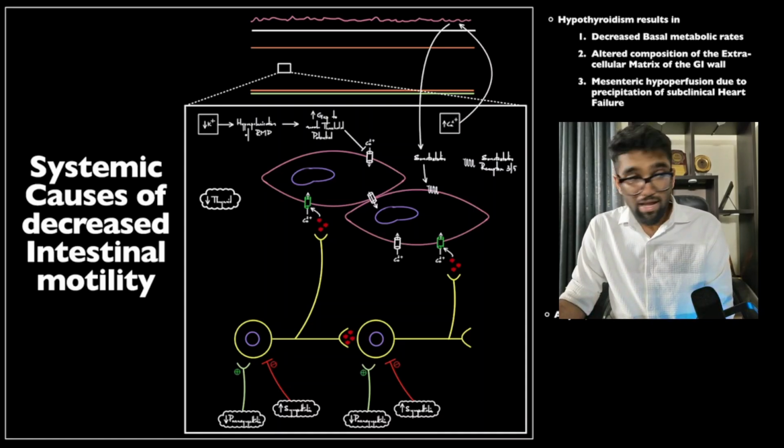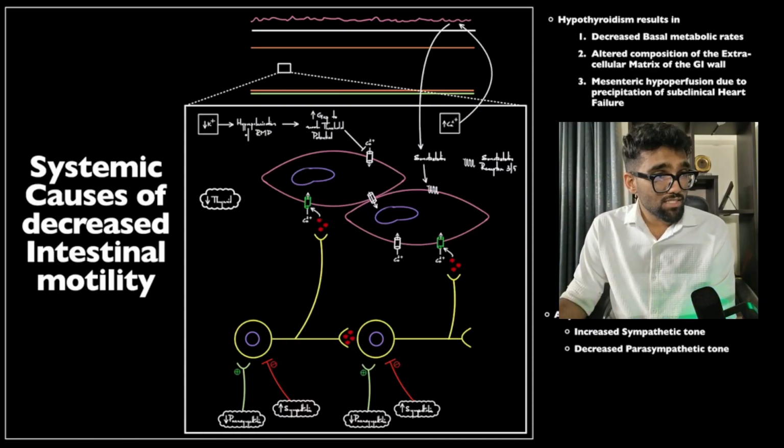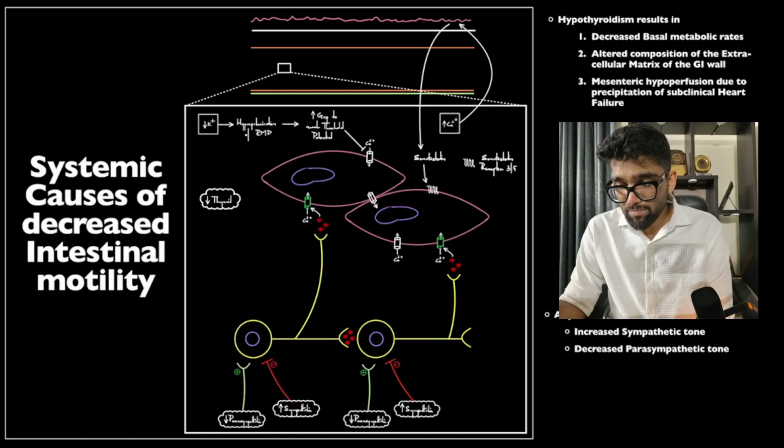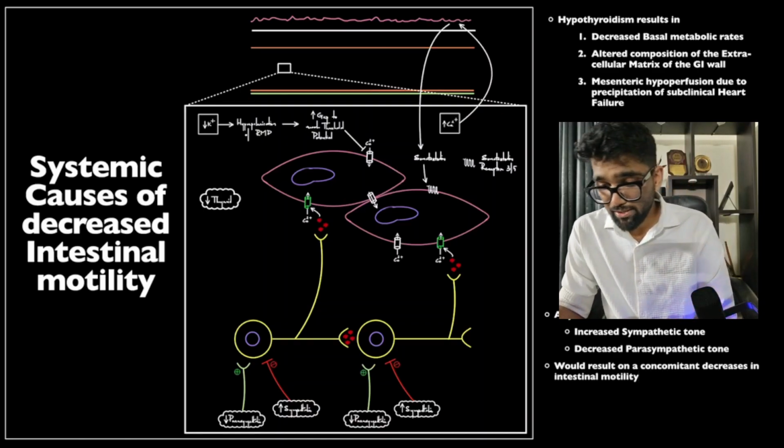So, if we have any cause of increase in the sympathetic activity or the sympathetic tone, that would result in decreased gastrointestinal motility. Or if we have any systemic pathology that is causing decreased parasympathetic tone, that would cause a decrease in intestinal motility.